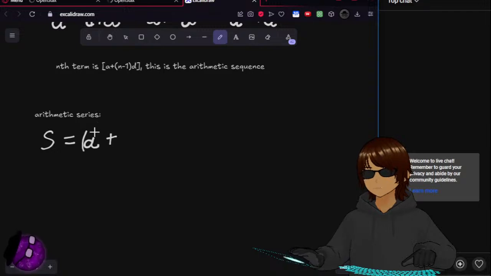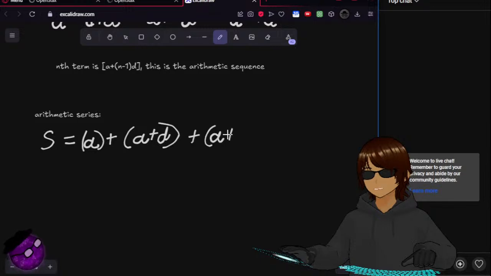S is equal to a plus d, then plus it with a plus 2d.